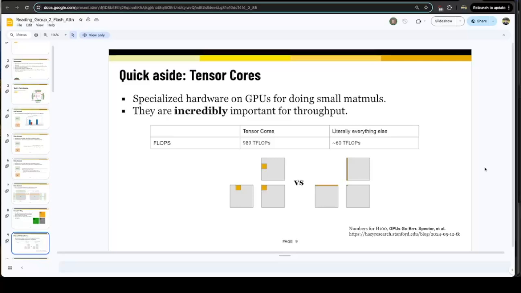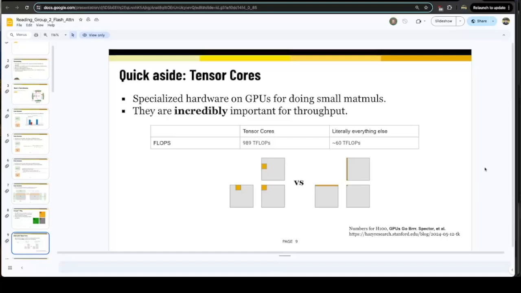So if you look at this graphic here, when I think of matmuls, I actually think of the picture on the right where you have these row-column dot products. But you can't do that on tensor cores, because tensor cores want chunks of memory, because they want to do 16 by 16 accumulates to solve the matmul problem.